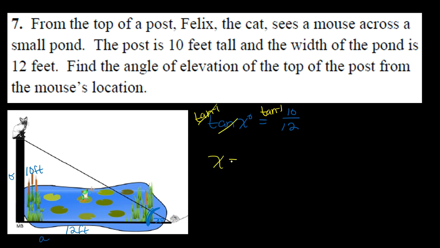And x is equal to the inverse of tangent of 10 over 12. So we're going to do second tan n over d, 10 over 12. And that gives us about 39.8. So if we wanted to round to the nearest degree, we would say 40 degrees.